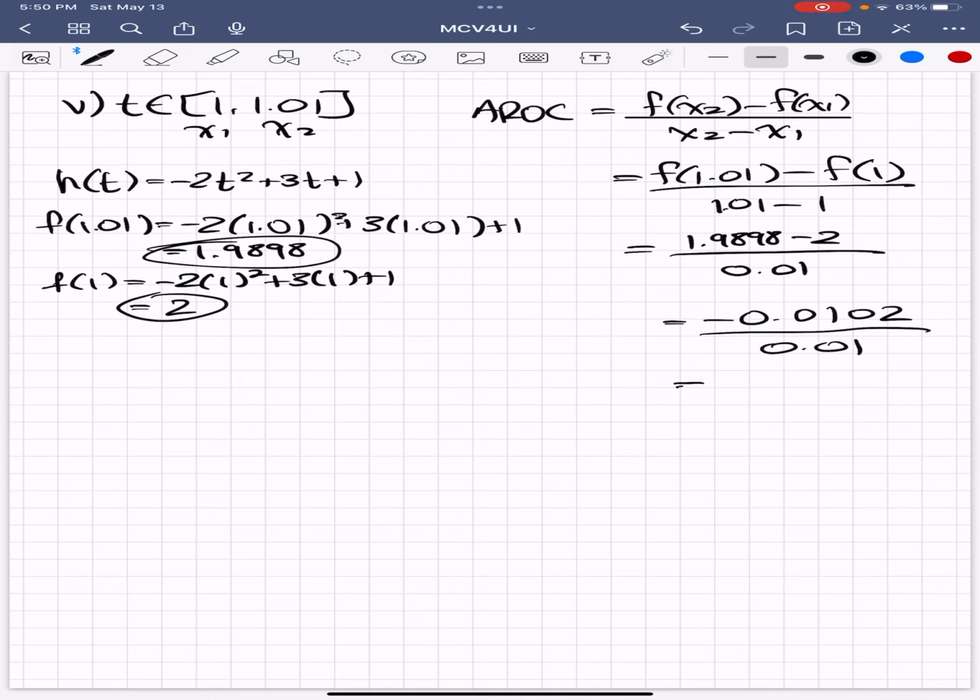If you plug this into your calculator, you get negative 1.02 meters per second.